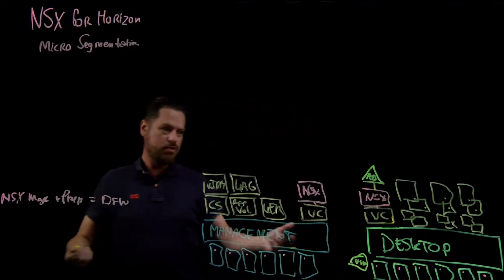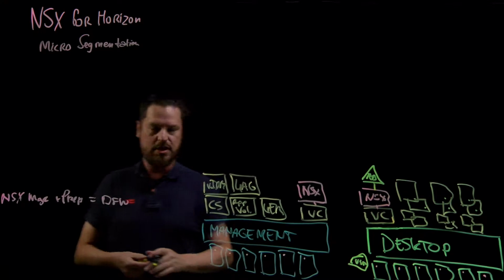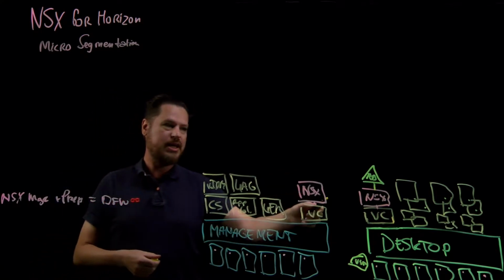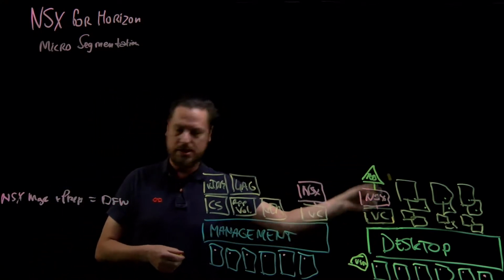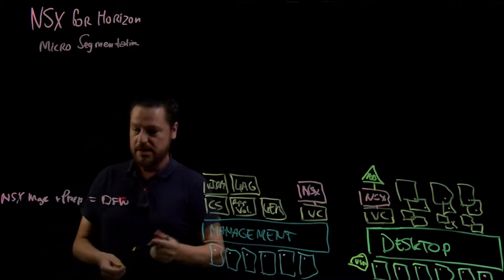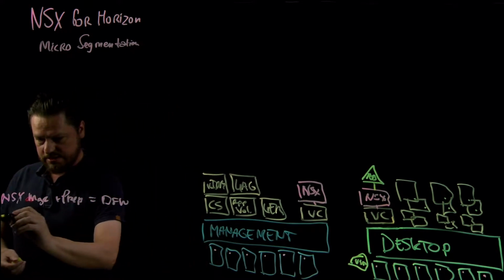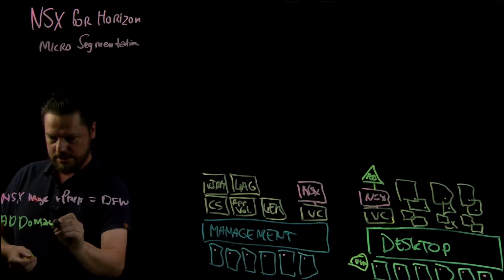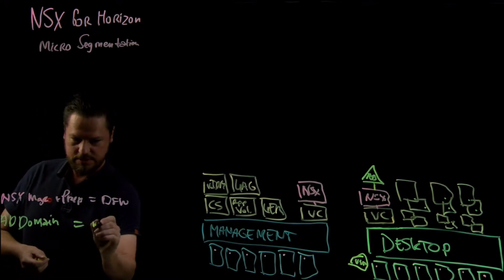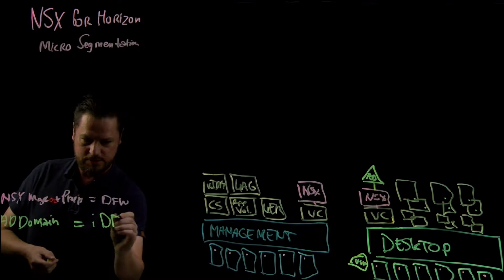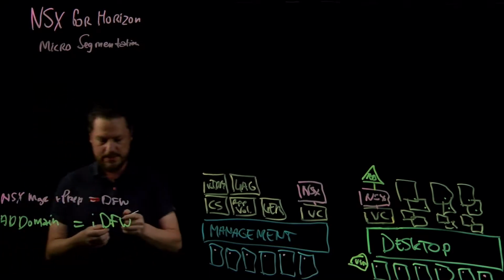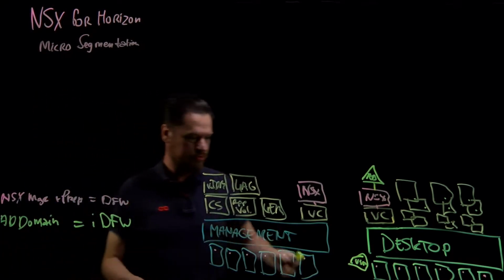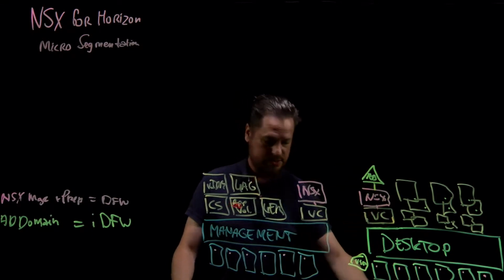And therefore, we can look inside the virtual desktops. Cons on that one is that we only can do the virtual desktops. But we have the AD domain link, and that enables the identity distributed firewall. So we have our firewall services in the management and in the desktop.